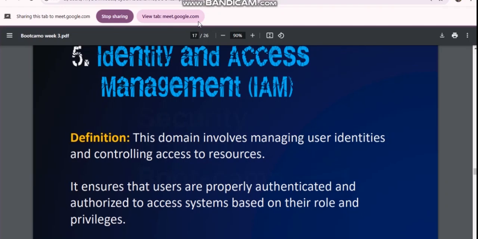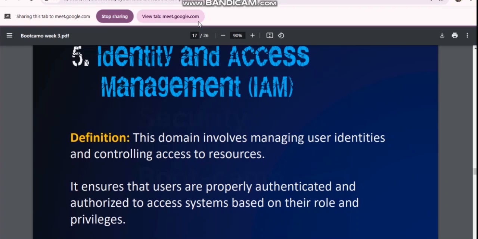So all those control measures function in this particular domain. It ensures that users are properly authenticated and authorized to access systems based on their role and privilege.